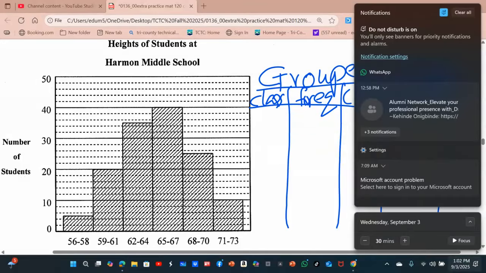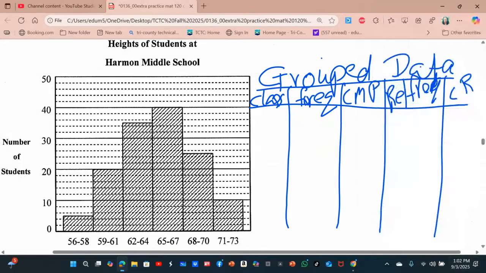We are already given data, and these are heights of students. This is CRF, the cumulative relative frequency. So let's start from the classes. They already gave us the classes.